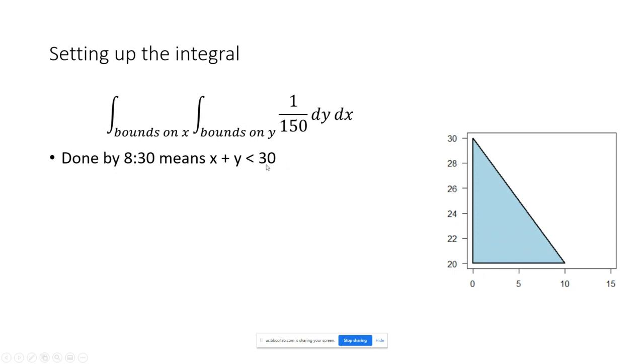Or in other words, y is less than 30 minus x. So that's this blue region here. Questions about this part?